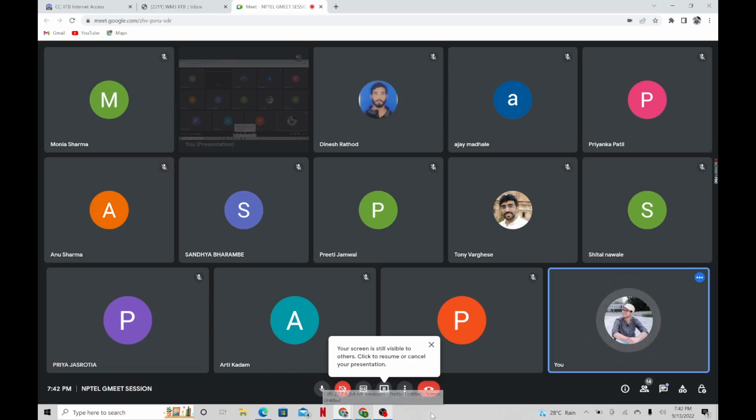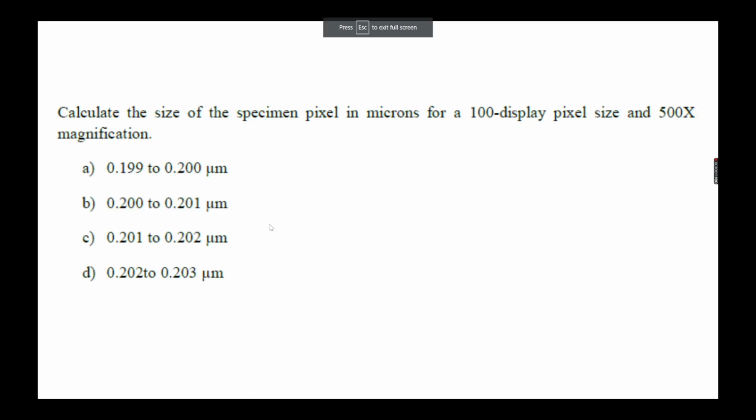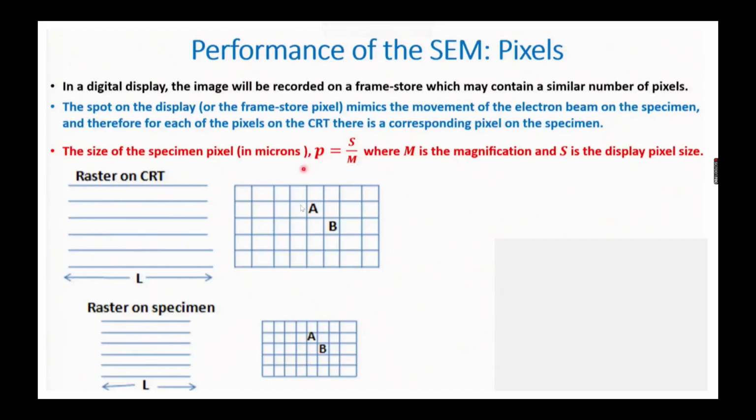So did you guys get this? Somebody gave the very right formula, and you can see this also in the lecture. So it is asking about the size of the specimen pixels, in microns. So it is S by M, where S is your display pixel size and M is your magnification.